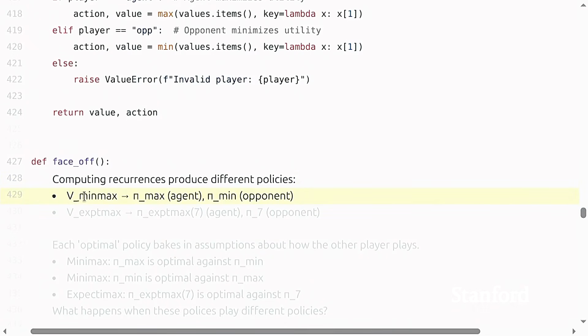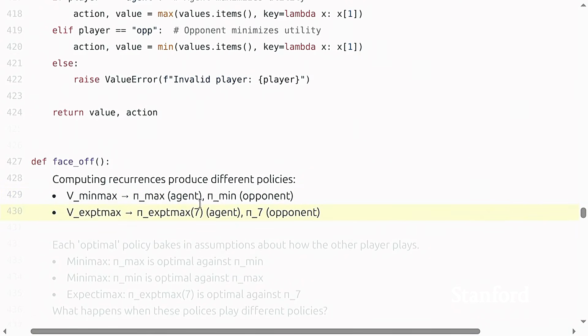So v minimax, the minimax value, will give us the pi max, which is the optimal agent policy, and pi min, which is the optimal opponent policy. Okay? So remember in minimax we have min and max, and if we take the argmin and argmax, that corresponds to the pi max and pi min.